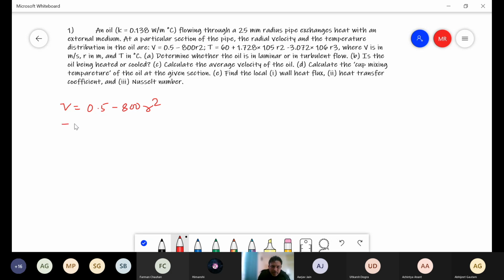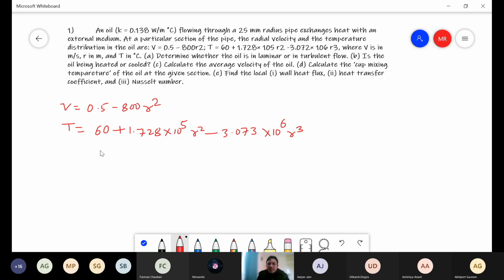And temperature T is given as 60 plus 1.728 into 10 raised to power 5 R square minus 3.073 into 10 raised to power 6 R cube. Okay, this is what has been given here. Velocity is in meter per second, R is in meter, and in this equation temperature is given in degree Celsius.